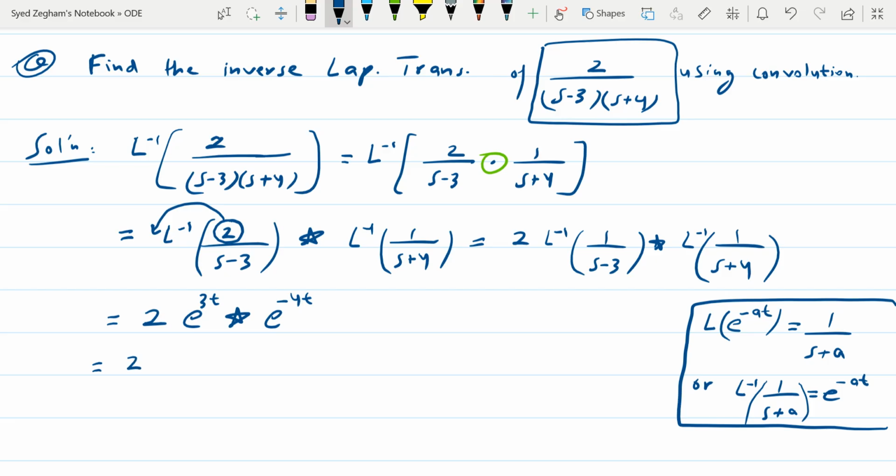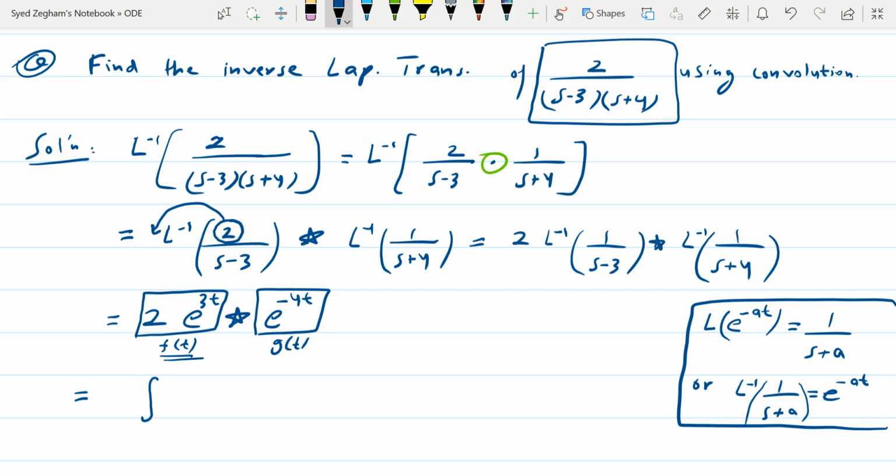Now let us use the definition of convolution. So 2 times e to the power 3t. When we use the definition of convolution, this is my first function and this is my second function. So this is our f(t), and this is our g(t). When we use the definition of convolution, this will be the integration of f(u).